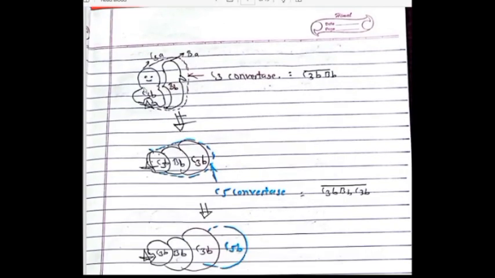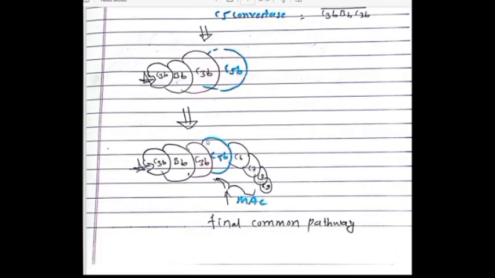Initially there is activation of C3, so that C3B binds, and this activates B, so that BB binds and BA goes away. This activates C3B, which binds, and C3A moves out.